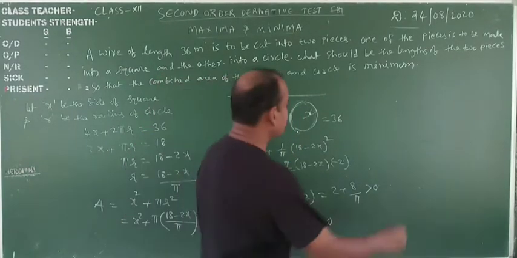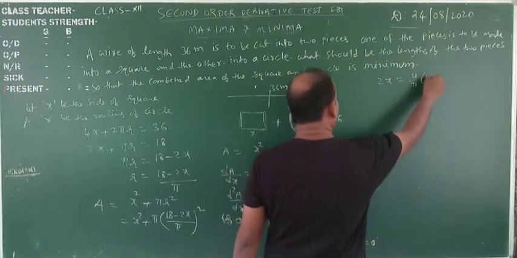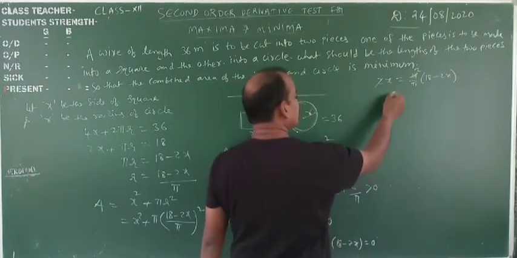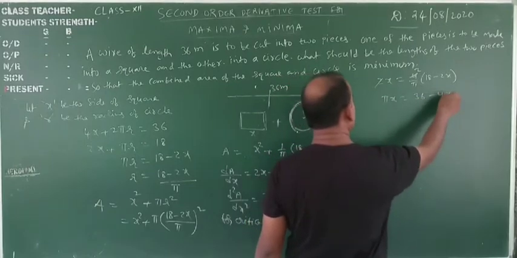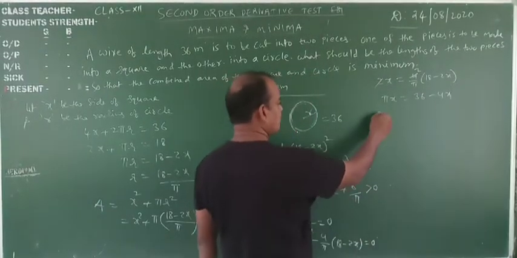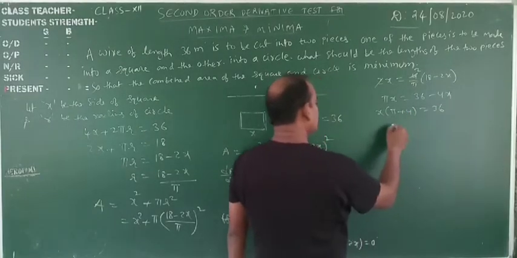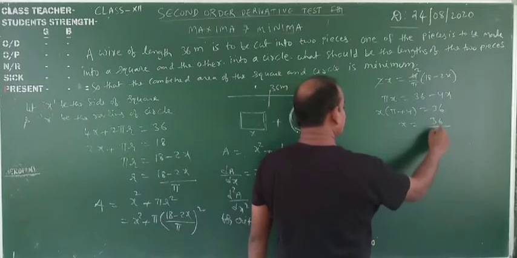Moving that side, 2x is equal to 4 by pi into (18 minus 2x). Cancelling, pi x is equal to 36 minus 4x. Taking 4x to this side, x into (pi plus 4) is equal to 36. Now, x is equal to 36 by (pi plus 4).